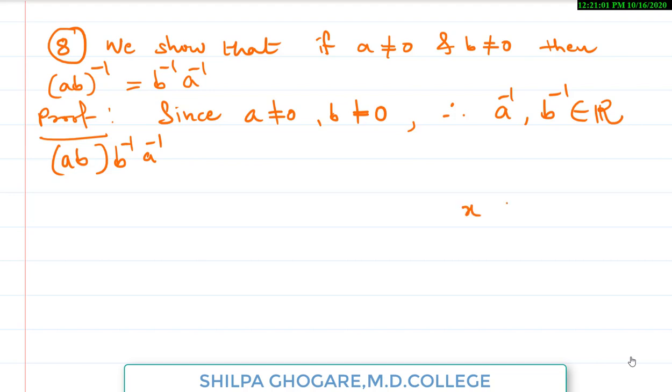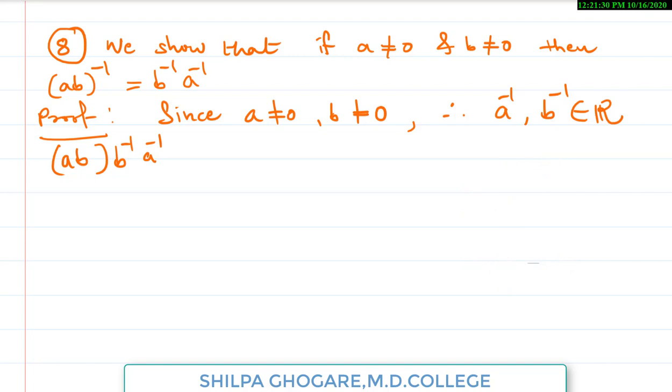Suppose I want to prove that X inverse is Y. Suppose X is a non-zero real number and I want to prove that X inverse is Y. Correct? What I should do is show that X into Y should give me 1. That means they are multiplicative inverse of each other. That is by definition. So we are using the same technique here.